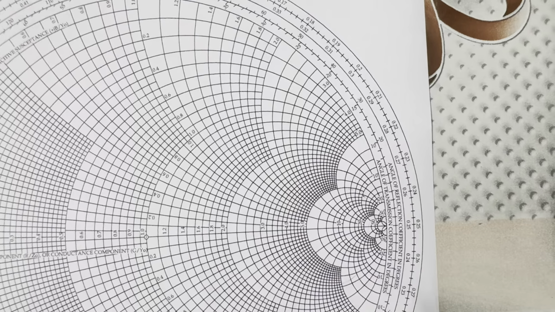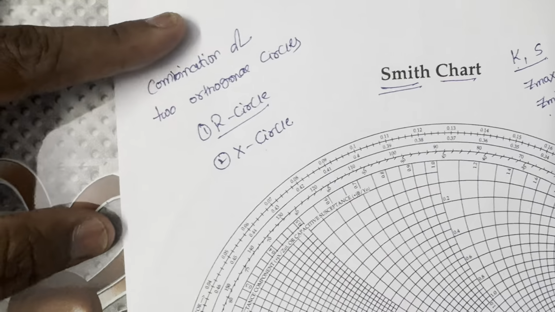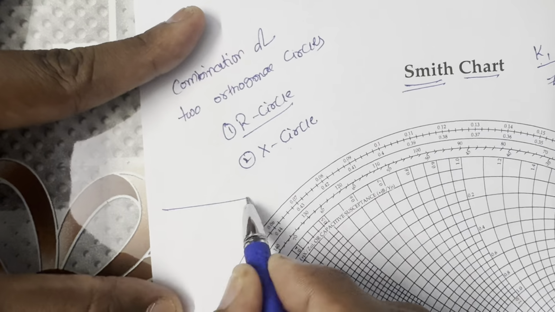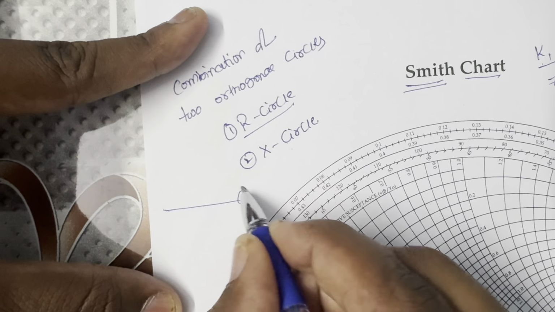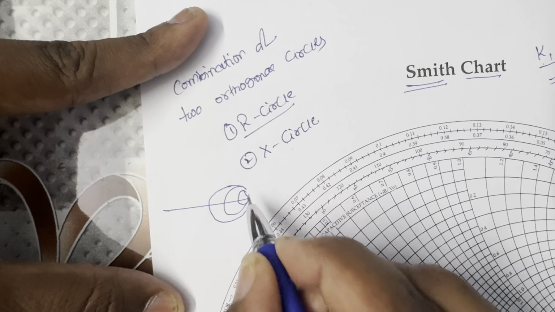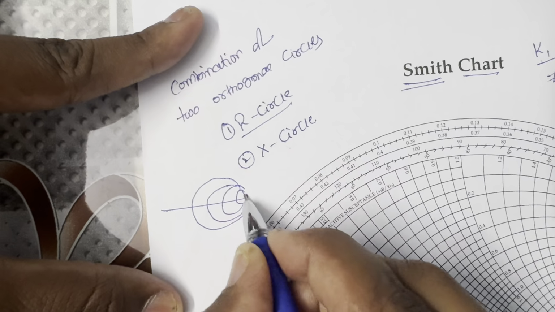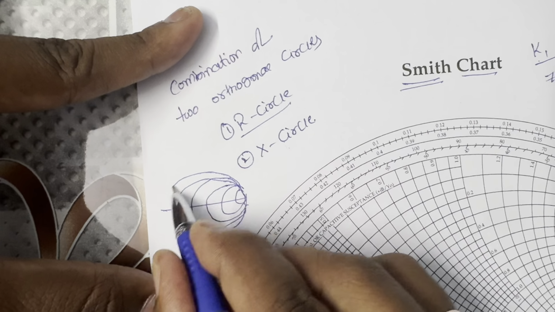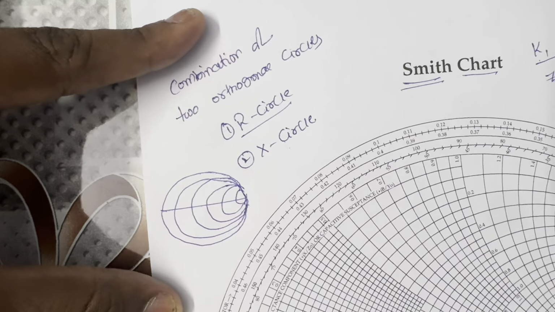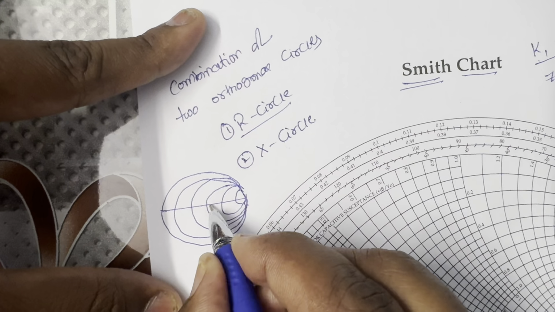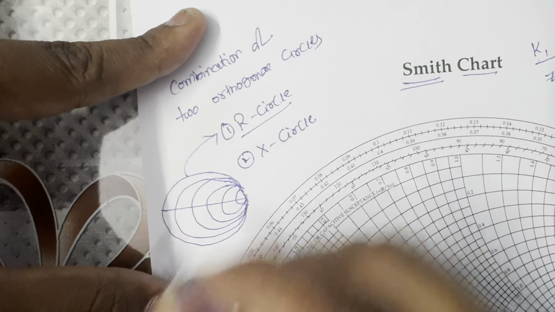That means I will draw them here. Some circles are like this. These circles are called R circles.